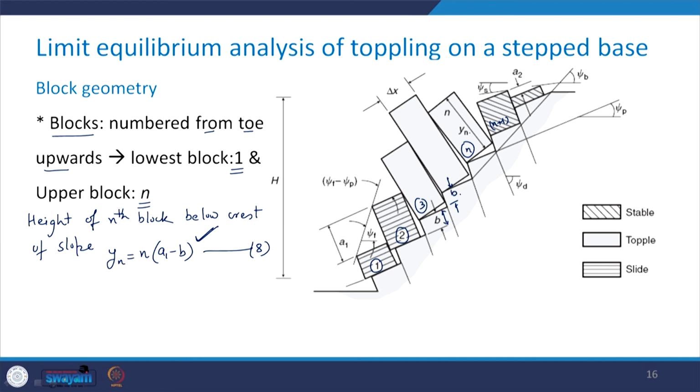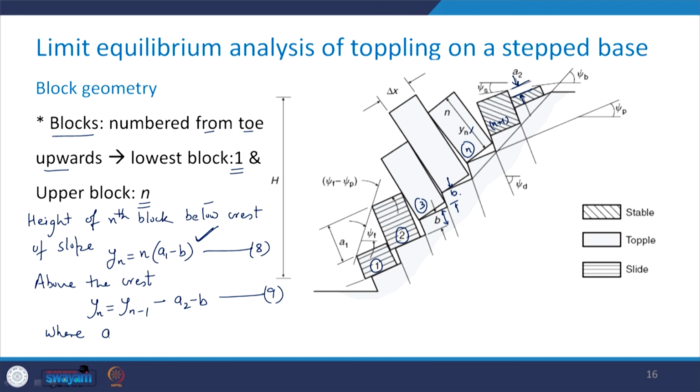This highest block can be below the crest, or it can be at the crest, or it can be above the crest. So, in case it is above the crest, what will happen? I will have yn as yn minus 1 minus a2 minus b. This will be equation number 9. See here, this is the a2 dimension, where a1, a2 and b can be determined in terms of delta x and these dip angles.